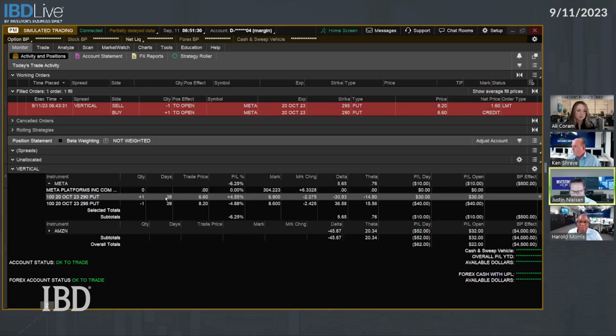I want to add one thing that I do sometimes. From here I'll put in a closing trade. So I'll put in my stop loss, and what that'll do is give me a price for what the spread is at.